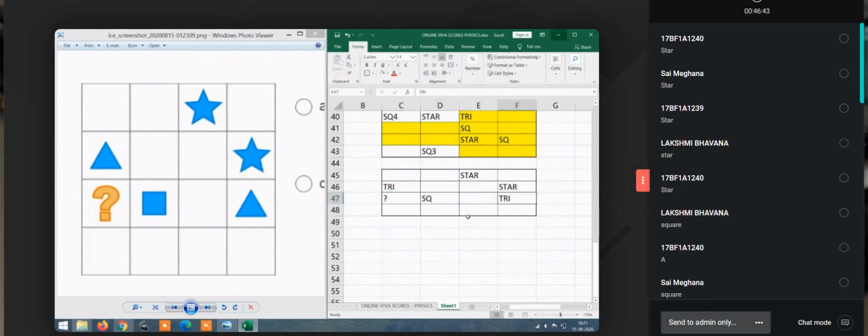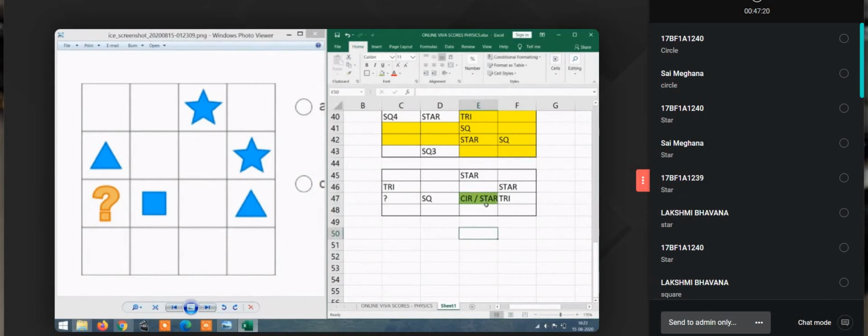Now you tell me, this space which I am marking as green, what are the possibilities in this space? You already have a square, you already have a triangle. So the possibilities are circle or star.